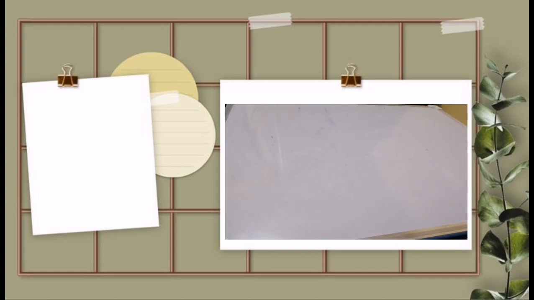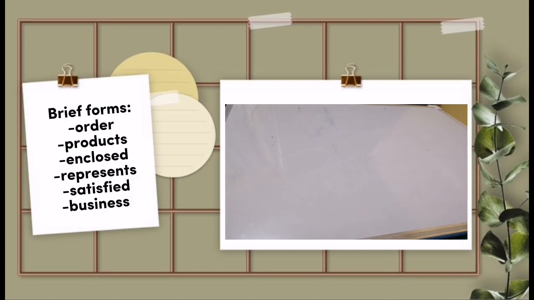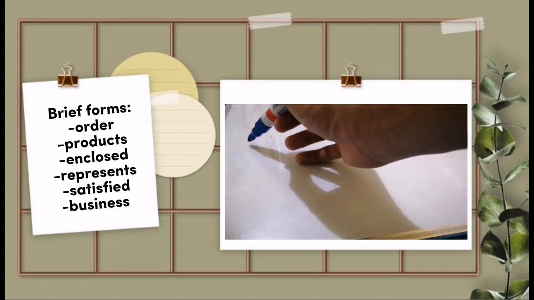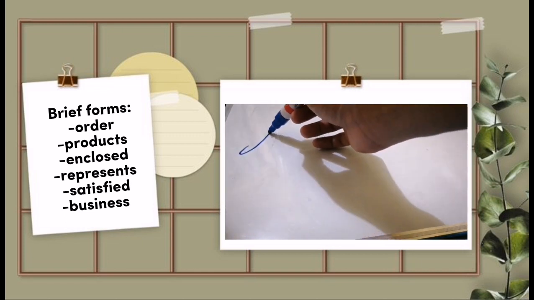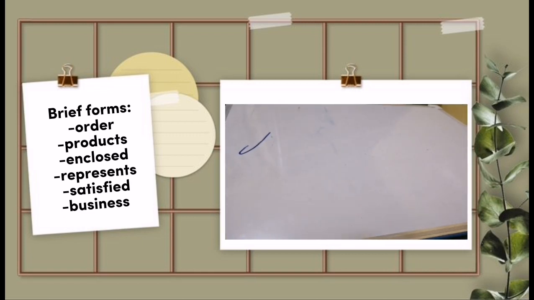So next for our lesson 42, we have the brief forms. First word, we have the word order. And that's how you write the word order. Next, we have the word products.